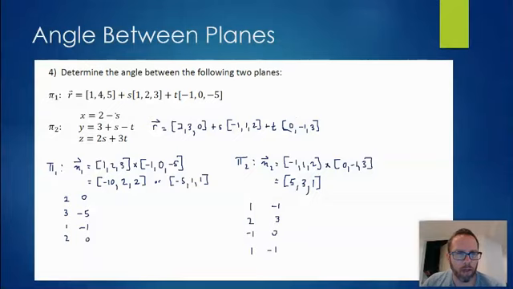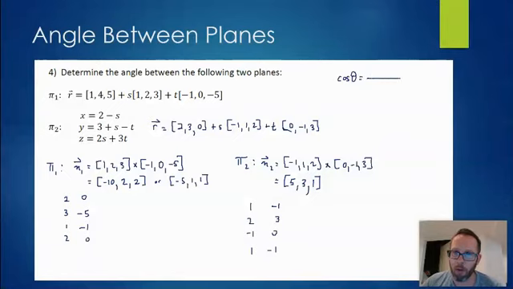Yeah, so (-1, 1, 2) and (0, -1, 3). Yep, that seems good. Yeah, looks okay. And now we're just in a spot like last time. So we can finish it off.